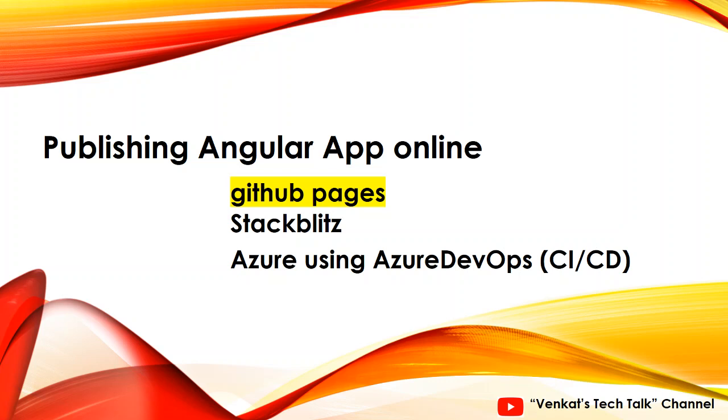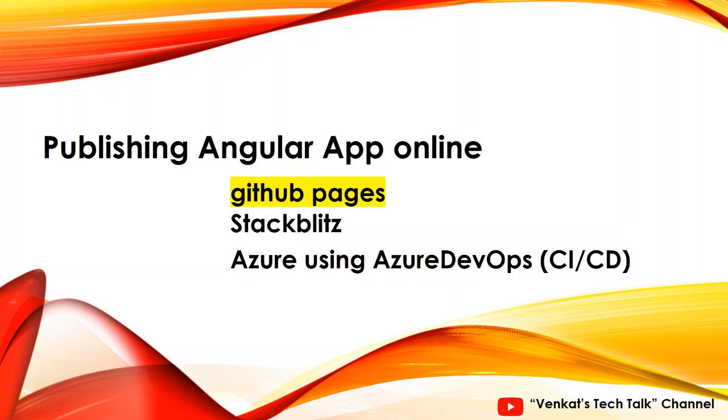I'm going to show you how we can deploy an Angular application on Azure and how to do CI/CD, meaning whenever we change our code, it automatically triggers a new build and publishes the latest code into Azure. So this is a small series with a 3-part video. Let us look at the first option of how to publish into GitHub Pages.